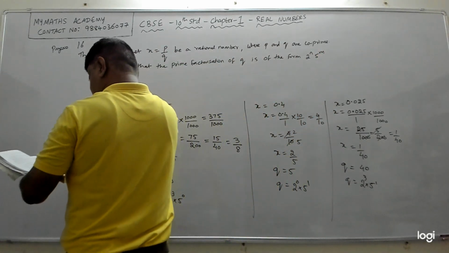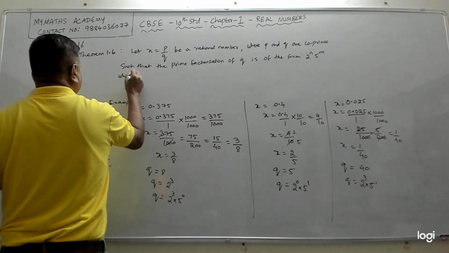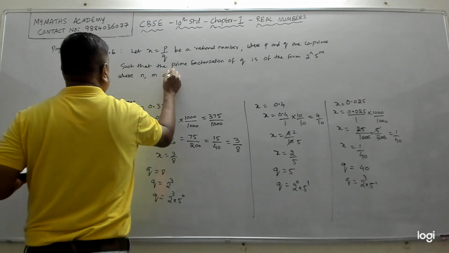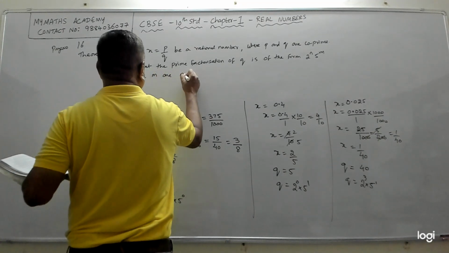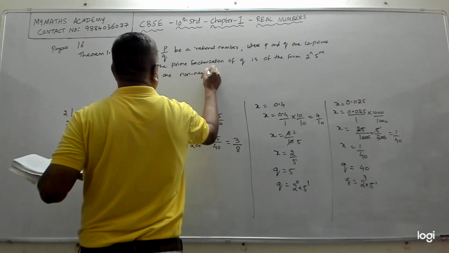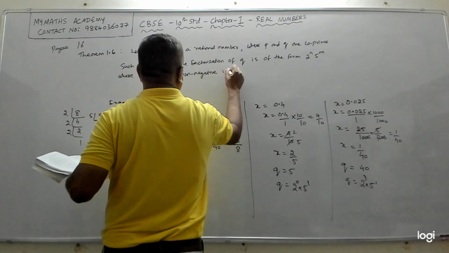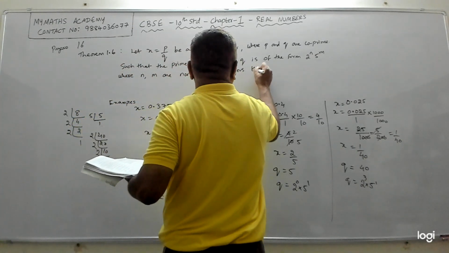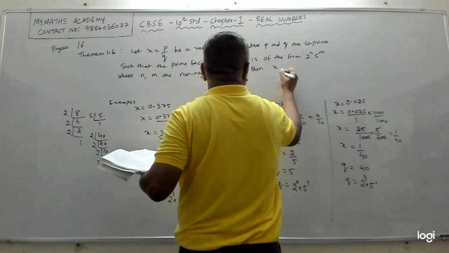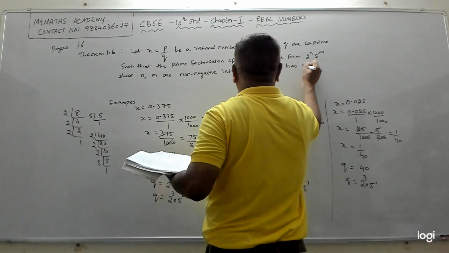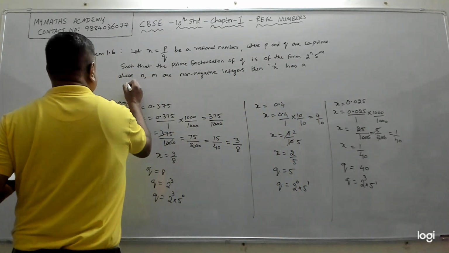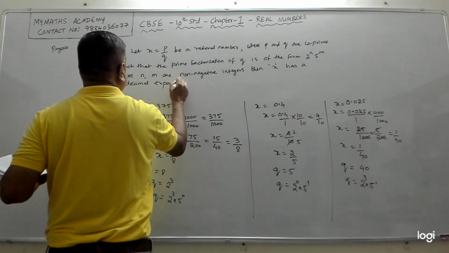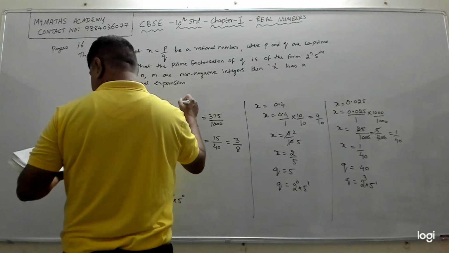That is the meaning of this. Where n comma m are non-negative integers, then x has a decimal expansion which terminates.